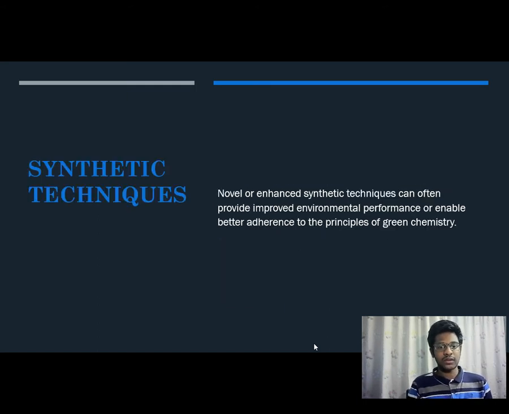And these are synthetic techniques. What does that mean? Novel or enhanced synthetic techniques can often provide improved environmental performance or enable better adherence to the principles of green chemistry.